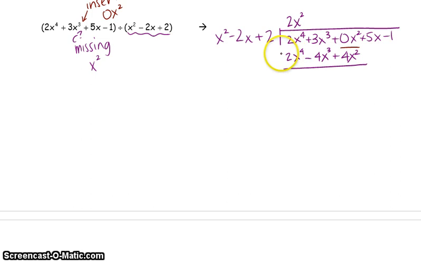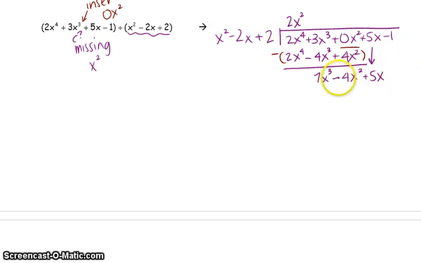Okay, and remember here we are subtracting. So our x to the 4th go away, and this is a positive 3 minus a negative 4, so that is a positive 7x cubed. And then we have a 0x squared minus a 4x squared, so that's minus 4x squared. Just like last time, we bring down our positive 5x.